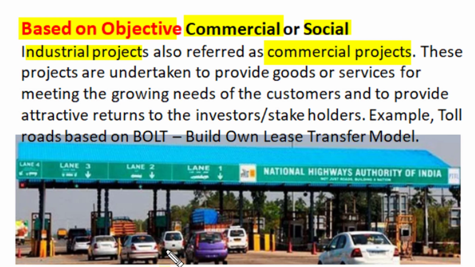One typical example of such commercial industrial project is toll roads based on BOLT, that is built on lease transfer model, where road is built by one commercial organization. That organization owns that road up to a leased period to get its returns, and when those returns are achieved, road can be transferred to government organizations.